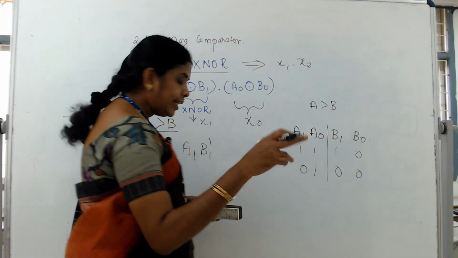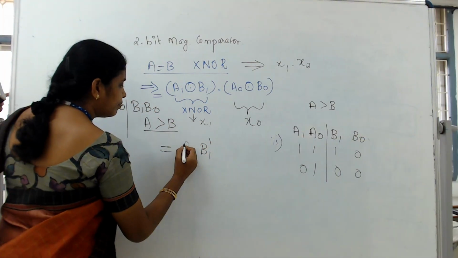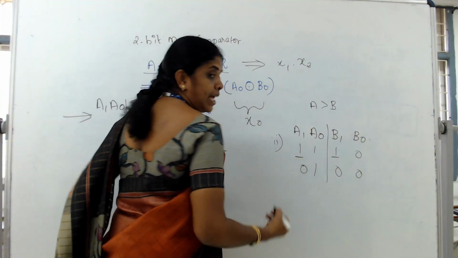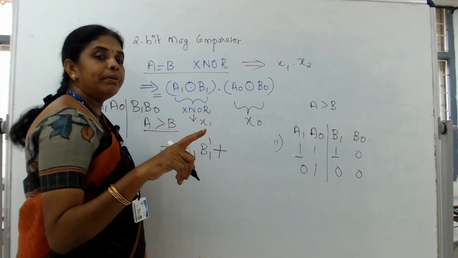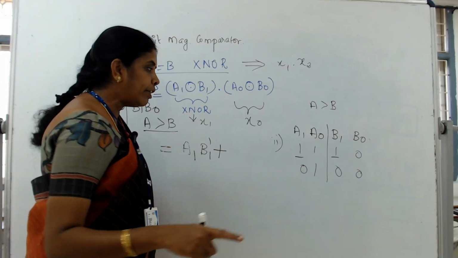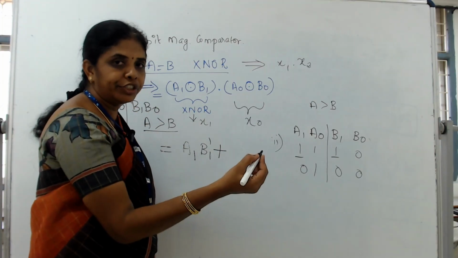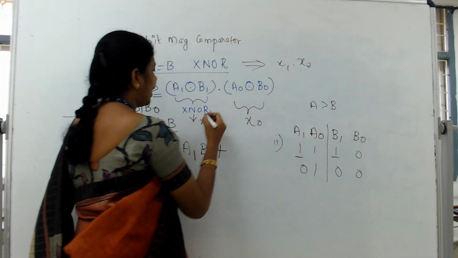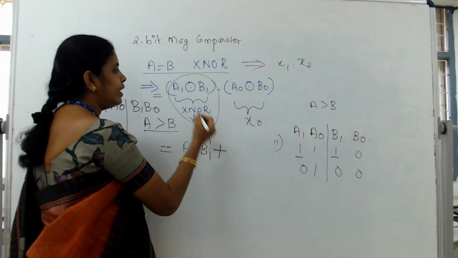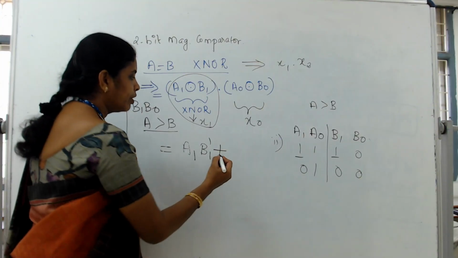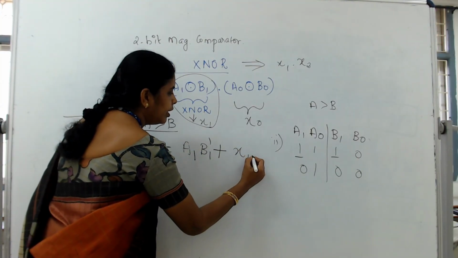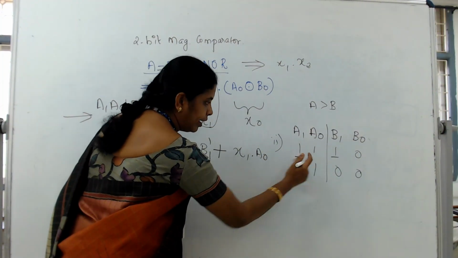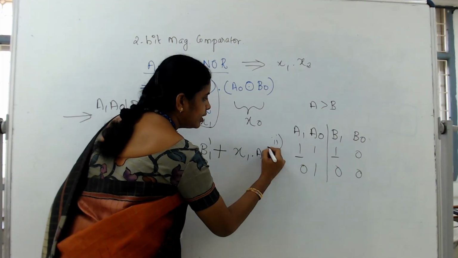So you can write the expression as follows. The MSB bits are equal. If the MSB bits are equal, the corresponding function is the XNOR function A1 XNOR B1. A1 XNOR B1 we have already represented as X1. So X1 into A0, where A0 is 1 and B0 is 0.